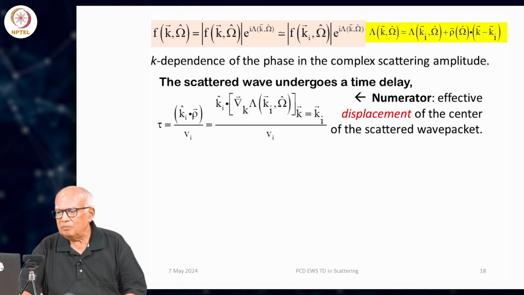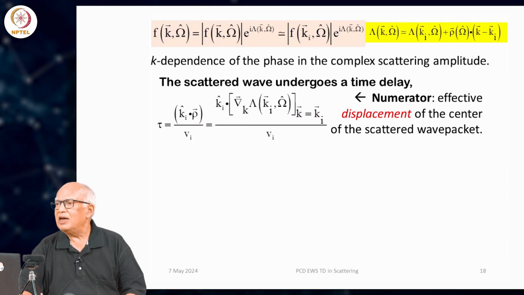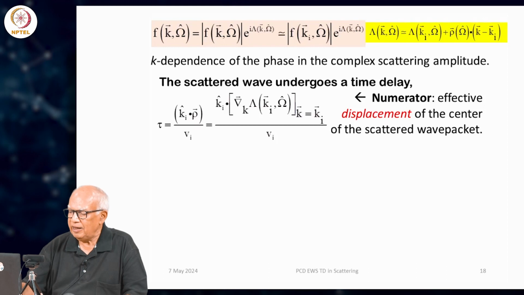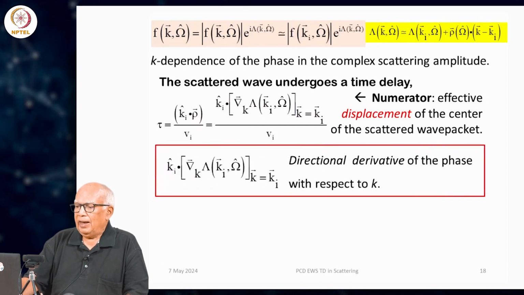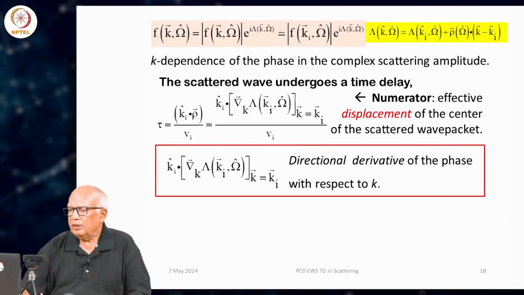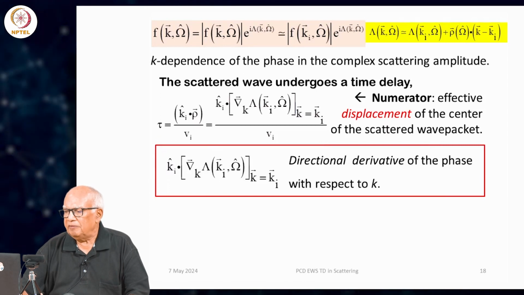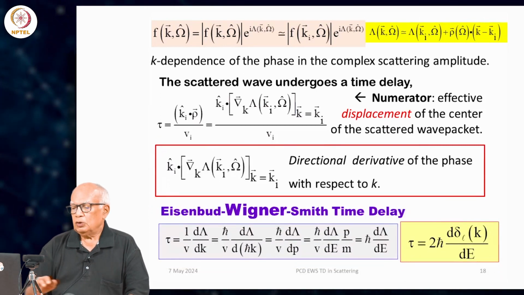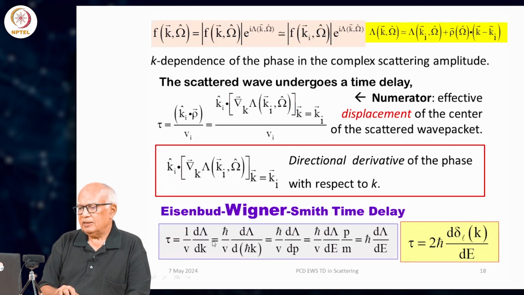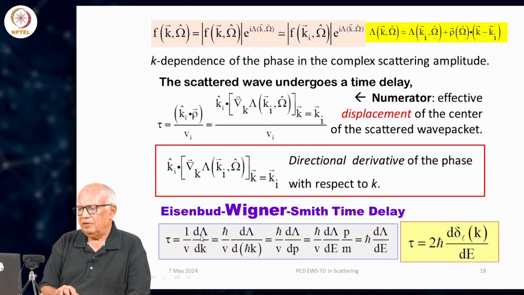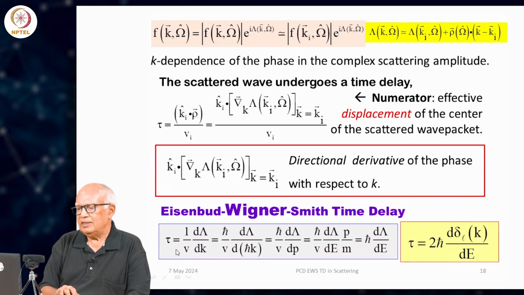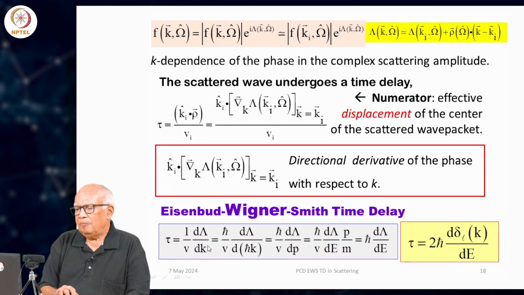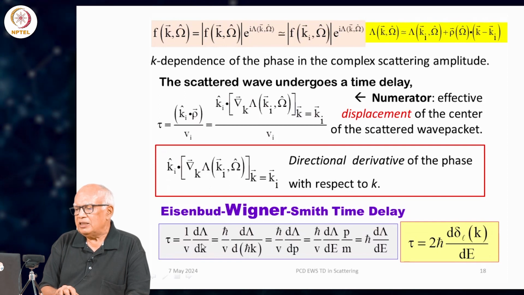So, this is usually referred to as the Wigner time delay or the Eisenbud-Wigner time delay, and this is coming from the directional derivative of the phase with respect to k. So, this is the directional derivative of the phase with respect to k, this is the time delay, and this is derivative with respect to momentum.